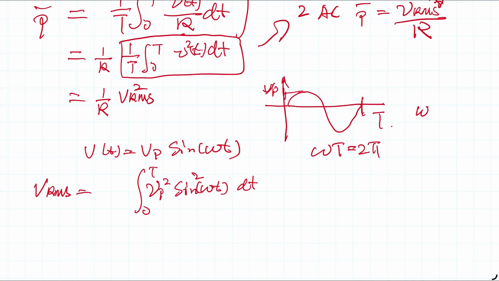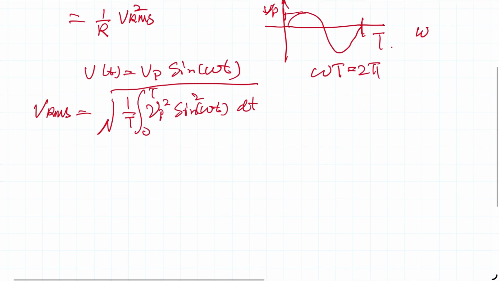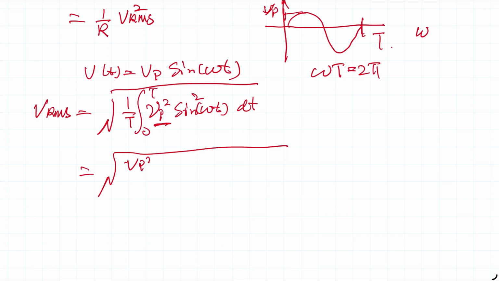So that's the squared and the summation, and over T, that's the mean part, and take the square root of that. We can move the Vp squared outside, so that will give you Vp squared over T, integral from 0 to T of sine omega t squared dt.